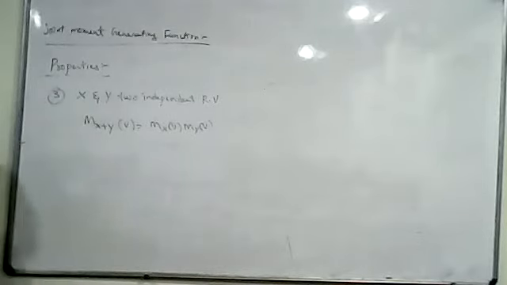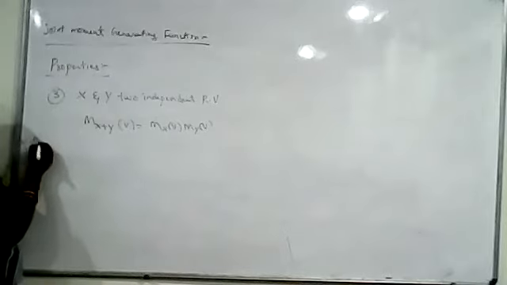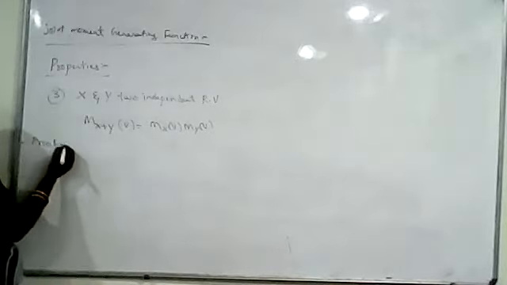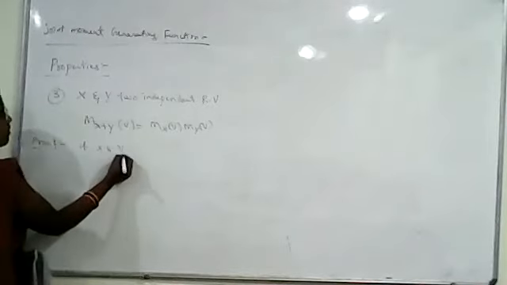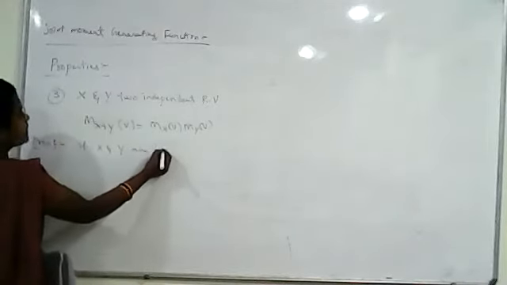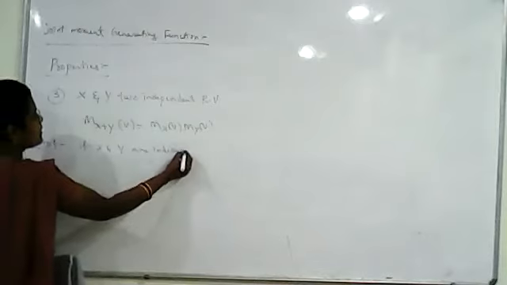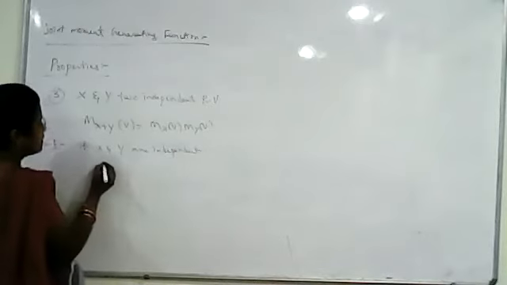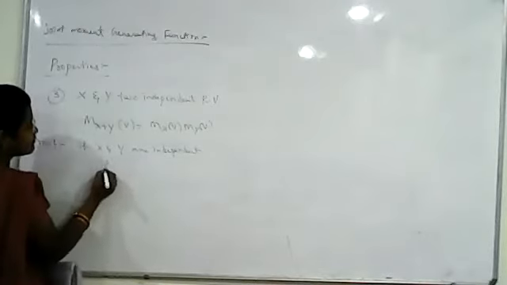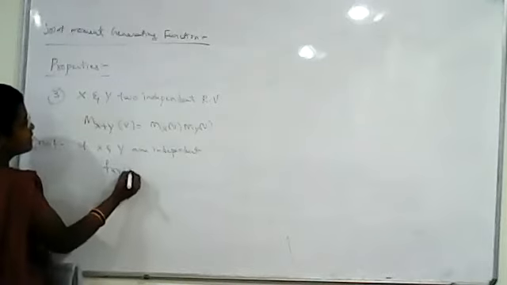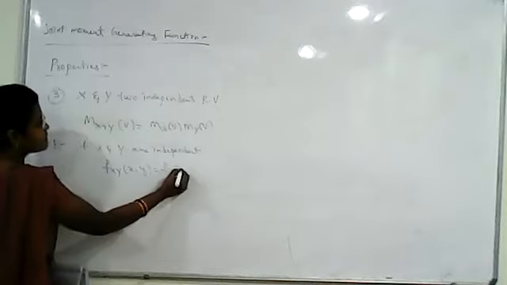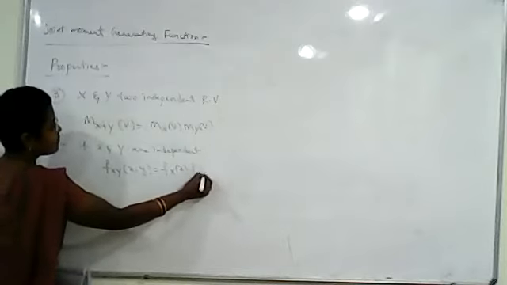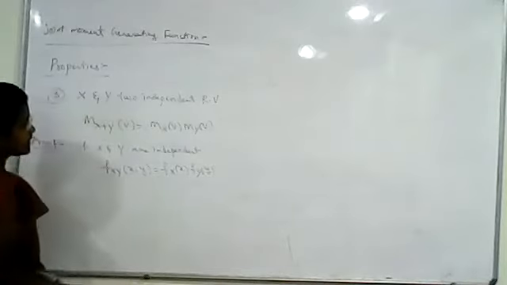Now we'll see the proof of this. Just now we have discussed that if x and y are independent, then the joint probability density function fxy of x comma y can be written as fx of x, fy of y.